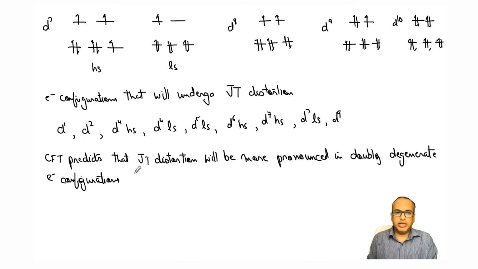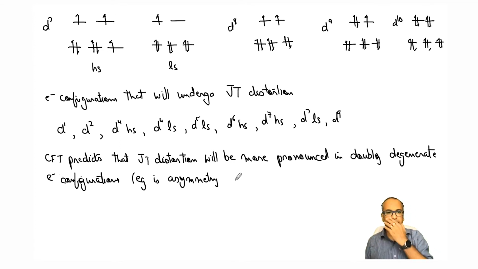So what do I mean when I say doubly degenerate? That means EG is asymmetrically filled. Because if T2G is asymmetrically filled, it will be triply degenerate electronic configuration, right? So if EG is asymmetrically filled, then you will end up getting doubly degenerate, and that will undergo more pronounced Jahn-Teller distortion. So now what are the possibilities for EG?